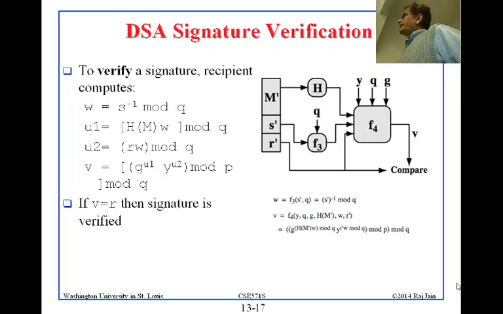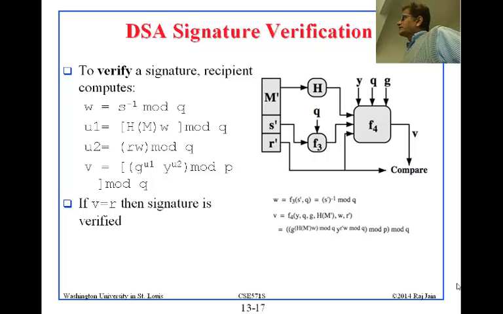Compute W equal to s inverse mod Q. s is sent to you, so you can compute s inverse mod Q. And then U1 is hash of M multiplied by W mod Q. And then U2 is r times W, r was given to you directly anyway, so r times W mod Q. And then you calculate V equal to G raised to U1, Y raised to U2 mod P, mod Q, whole thing mod Q. If you get V equal to r, then the signature is valid.